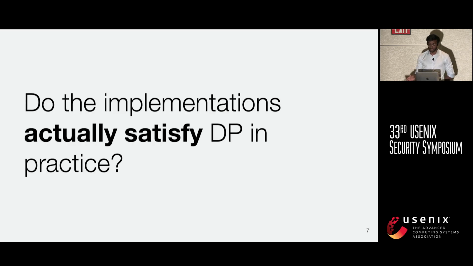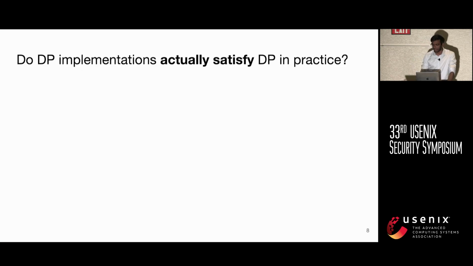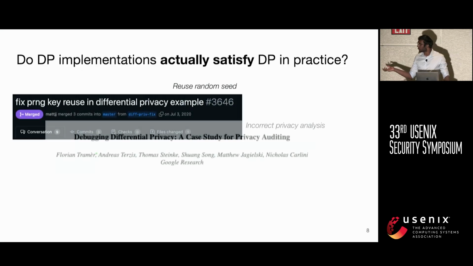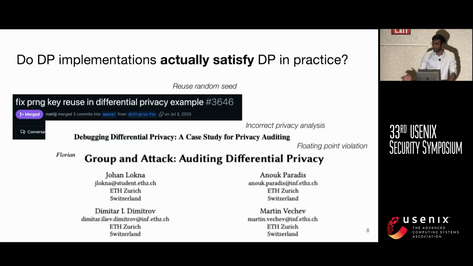The primary question that we are interested in studying in our paper is whether these implementations actually satisfy these DP guarantees in practice. The reason why we are interested in this is because there has been a lot of prior work that has looked at different implementations of DP synthetic data generation, or even the Gaussian mechanism, and they have identified implementation bugs that mean the implementations don't actually satisfy the DP guarantees in practice.